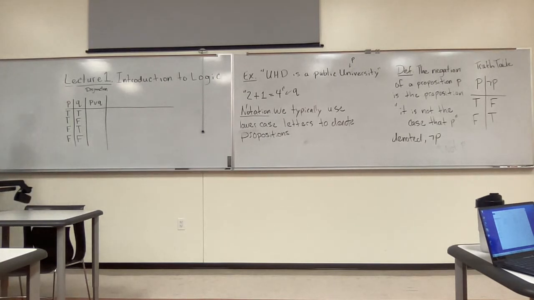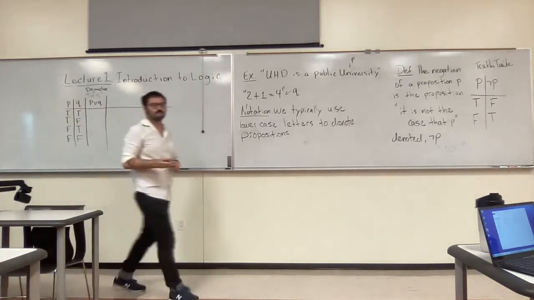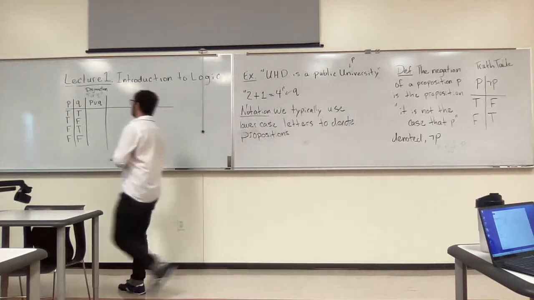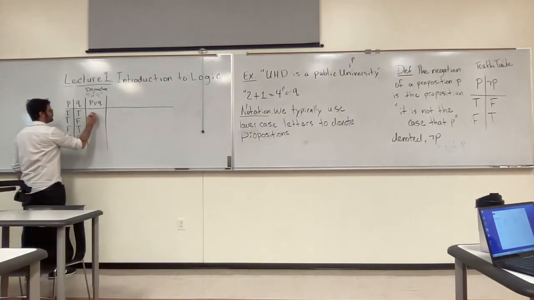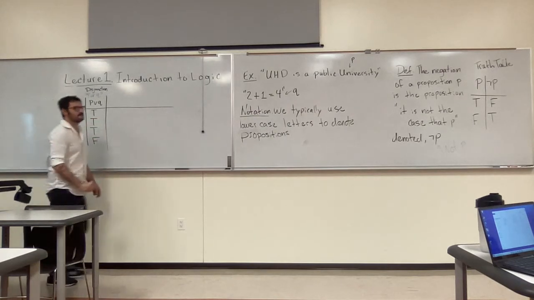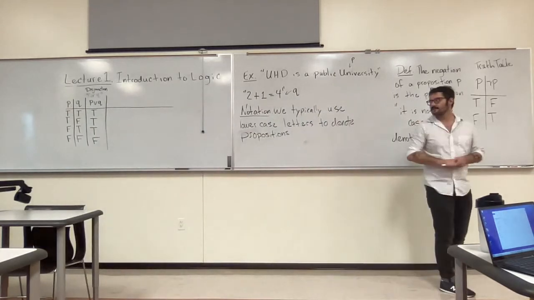So this will be P or Q. All right, and let me give you the truth values. Those are the truth values for those combinations of P and Q.